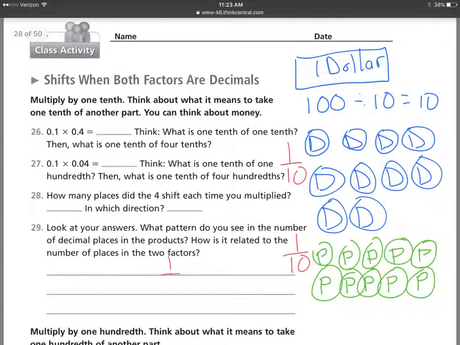So we took a tenth of a tenth. Of means multiply, so if we were to multiply these two fractions, we would see that a tenth of a tenth is 1/100th. It's not just a coincidence that 1/100th matches up with how many pennies it takes to make a dollar. It takes 100 pennies to make a dollar, and if you just had 1 penny, that would be 1/100th of a dollar.